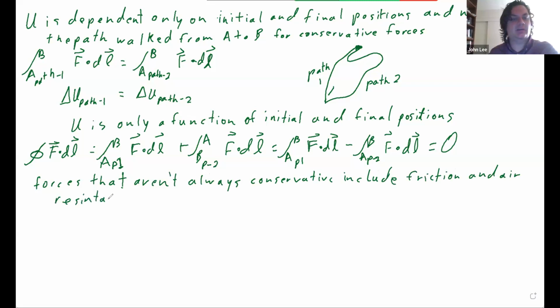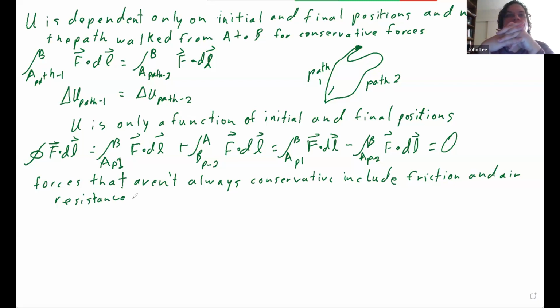Those forces are always a resistance, because those forces are always going in the opposite direction of dl.